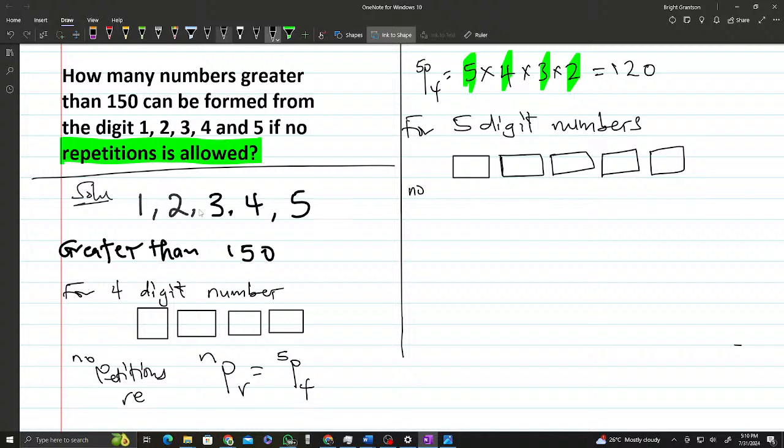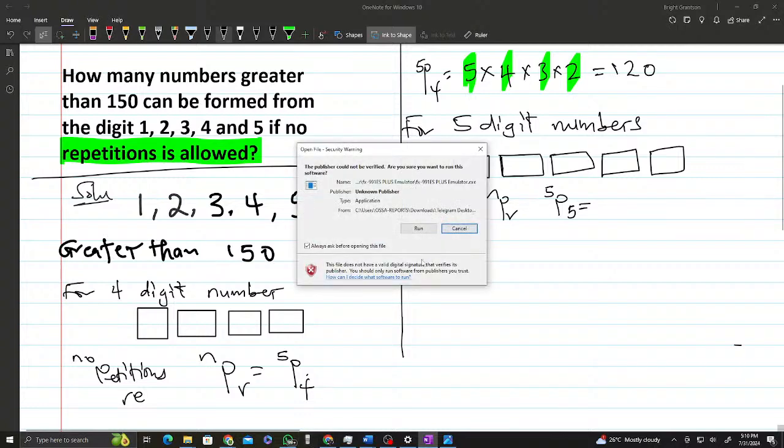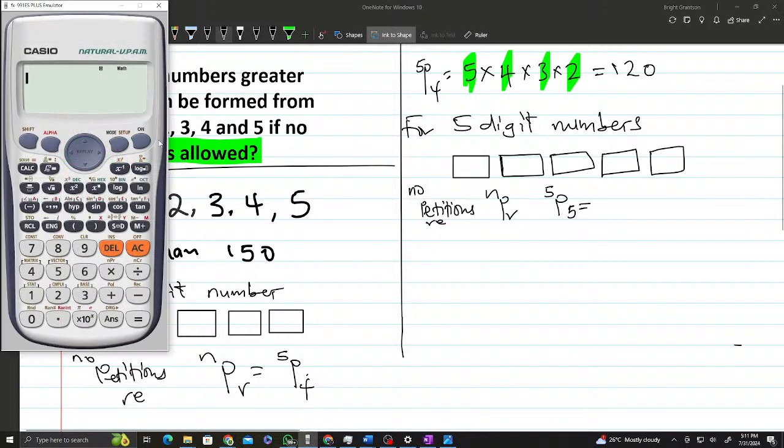No repetitions. So nPr, how many? 5 permutation 5. When you punch it on a calculator, it's 120.